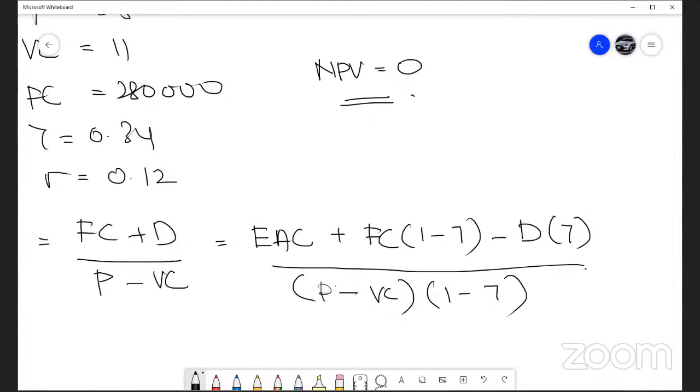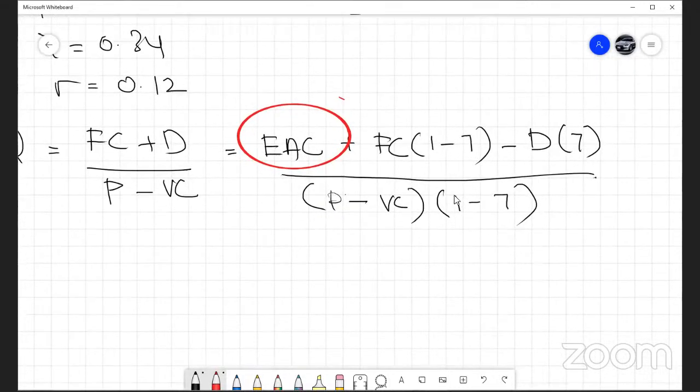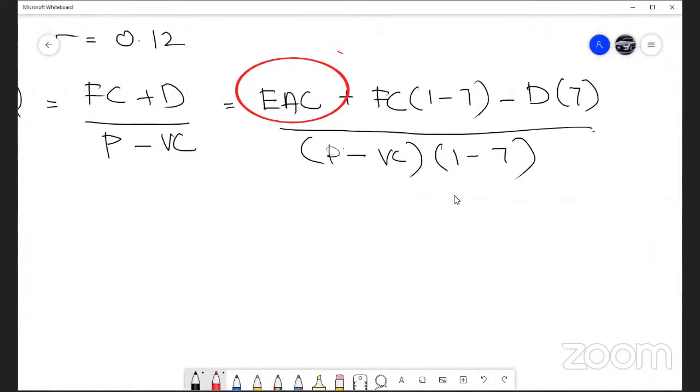So this question now, you got your FC, you got your depreciation, we already calculated just now. You got your price, you got your variable cost, and you got your tax. So the only thing missing here is EAC. So what is EAC? EAC is effective annual cost.